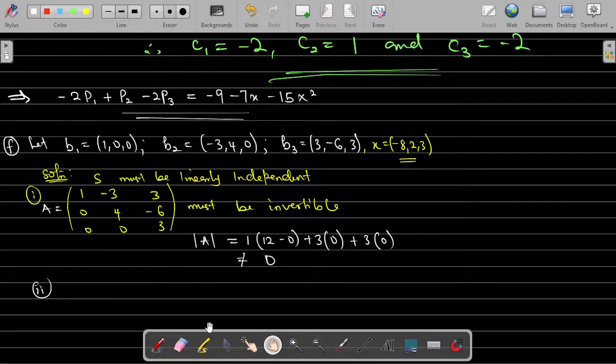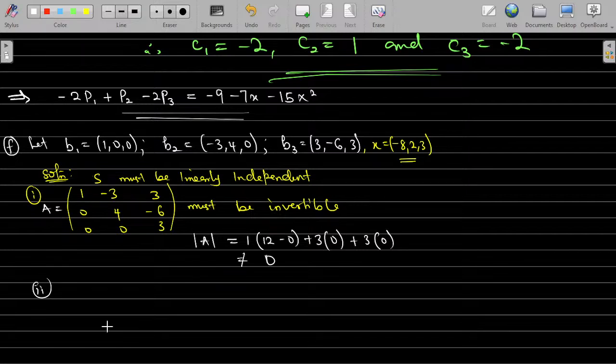Now what we are trying to show is that if we perform a reduction on this, and this is already reduced, look at it, minus 3, 1, 0, 4, minus 6, and then 0, 0, 0, 3. So this is already reduced.